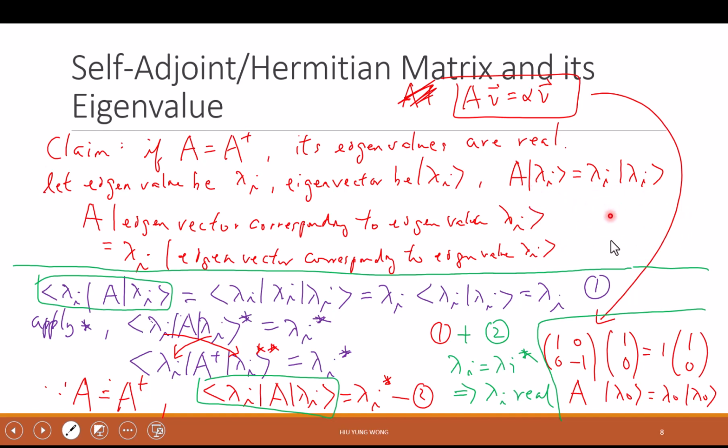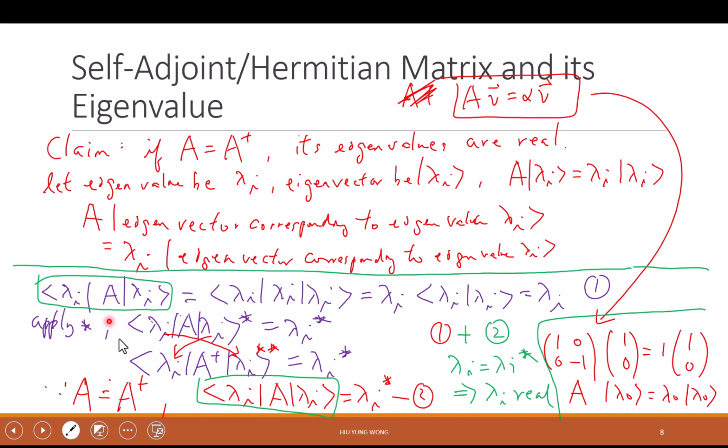So now my goal is to prove that lambda I is real. Here I just expand it: A times the eigenvector corresponding to eigenvalue lambda I equals lambda I times the eigenvector corresponding to eigenvalue lambda I. So how do I prove it? I do this one. Right now you should be more familiar with this notation.